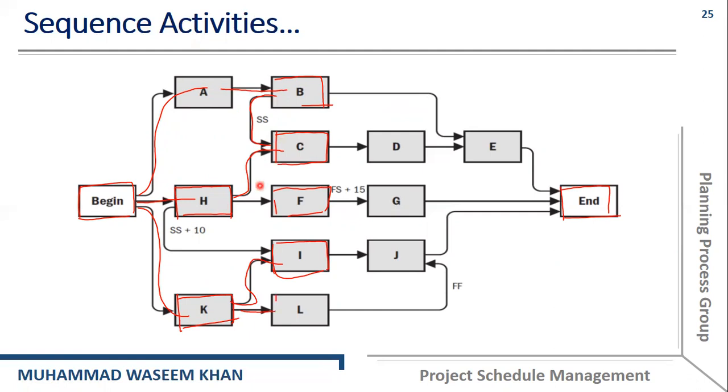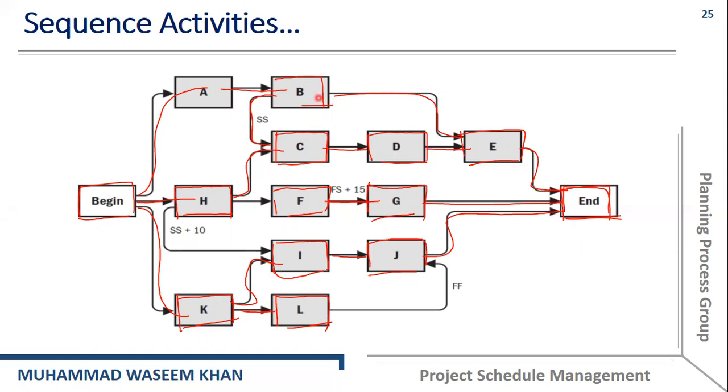Now activity C and activity F will start after the completion of activity H. You can see the arrows. Similarly, activity I will start after starting activity H. You can see the start-to-start relationship here. And activity I and L will start when activity K completes. It means that we can start activity I and L when activity K completes.